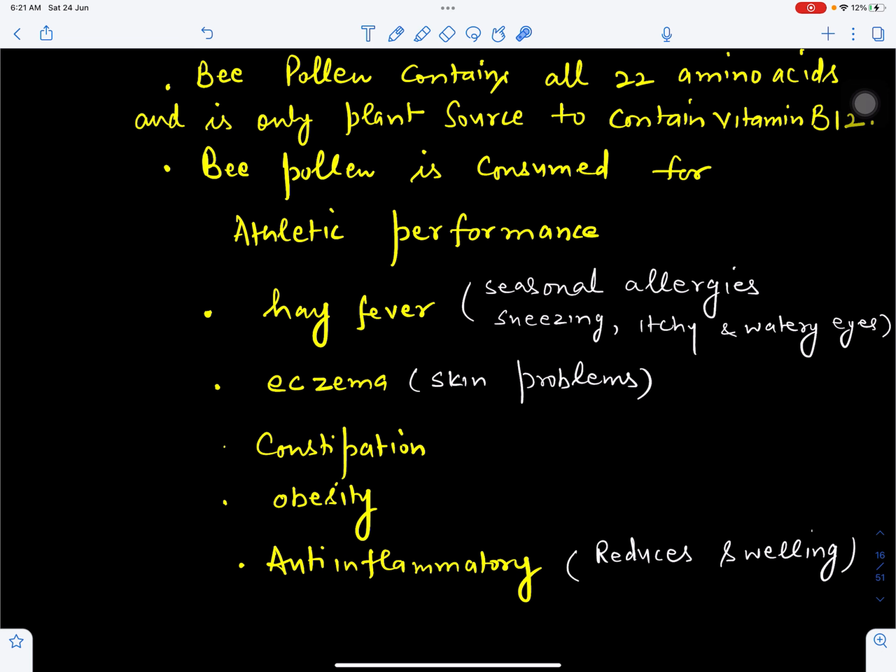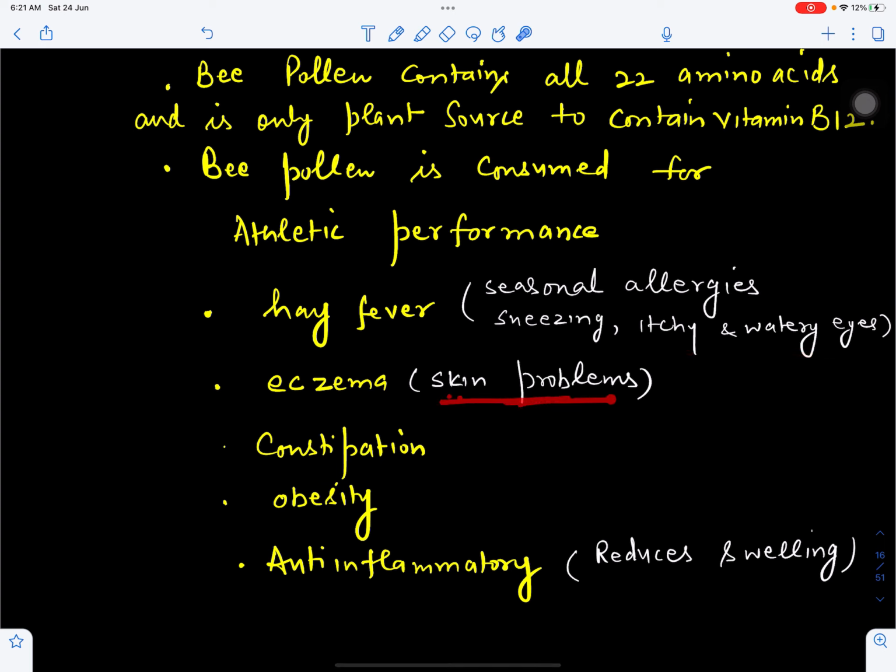Otherwise, these pollen grains, when they are released from the anthers during the season when harvesting is done, they cause seasonal allergies like hay fever. It is a seasonal allergy: continuous sneezing may occur, itchiness and watery eyes, then skin rashes or skin itching.